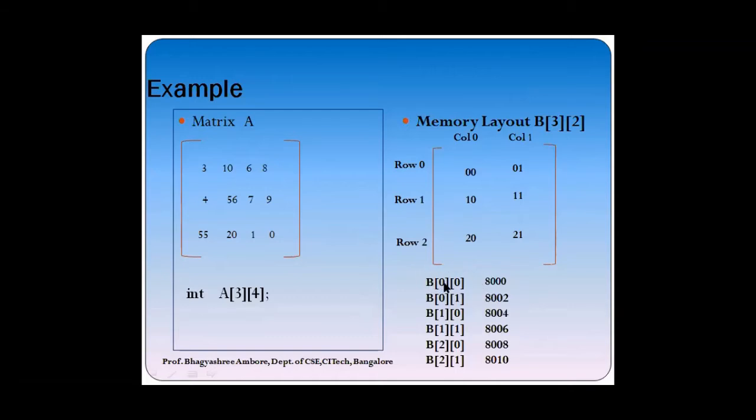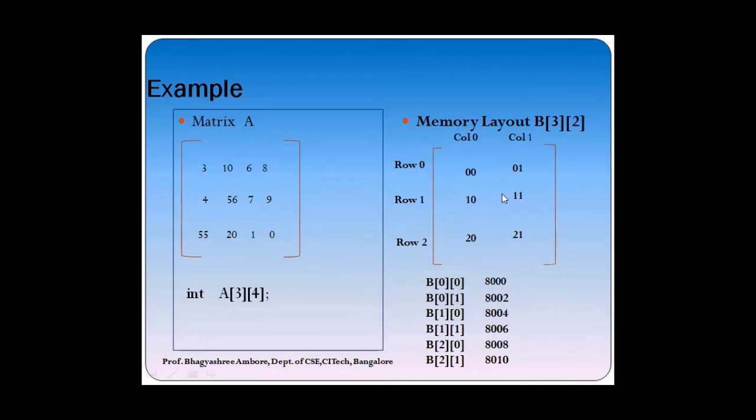For example, B of 00 is at location 8000. Then the next value will be B of 01. That will be stored at location 8002 because it's an integer declaration. The next one is first row, 0th column, stored at location 8004.